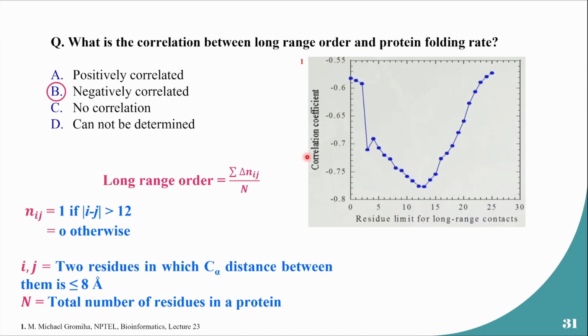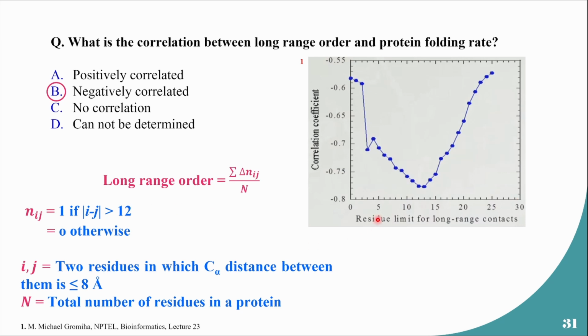And here, for example, Professor Gromiha in this slide introduced the correlation coefficient versus the residue limit for long range contact. In this formula, we used the residue limit of 12, right?